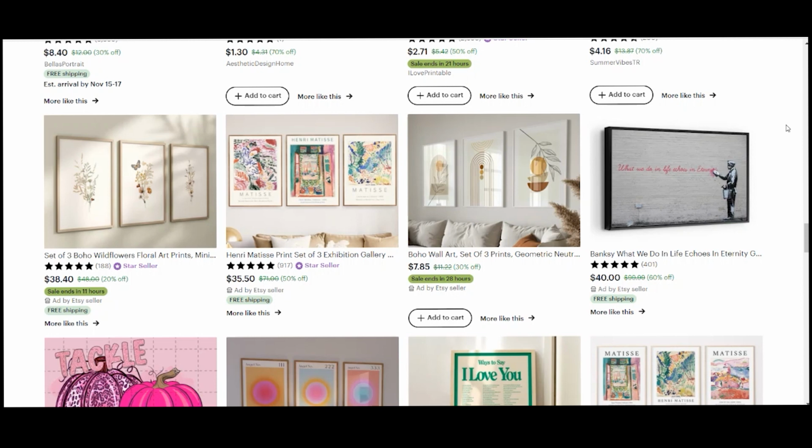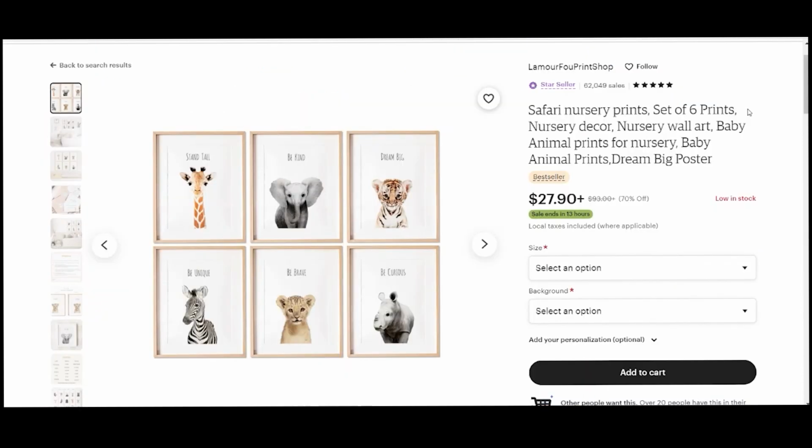So the first niche for today, really fast, is any nursery prints. Here you see that those are animals. There are lots of ideas within this niche, but what I want you to understand is that there are some great keywords which you could use for your product: nursery decor, nursery wall art, baby animal prints for nursery, baby prints for nursery, baby prints, dream big poster.